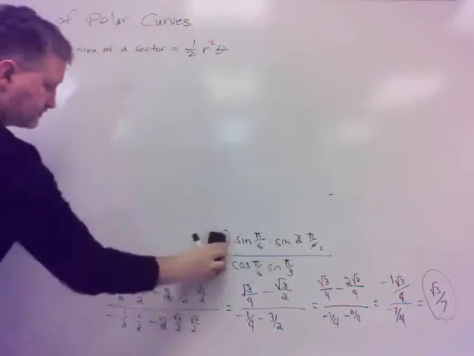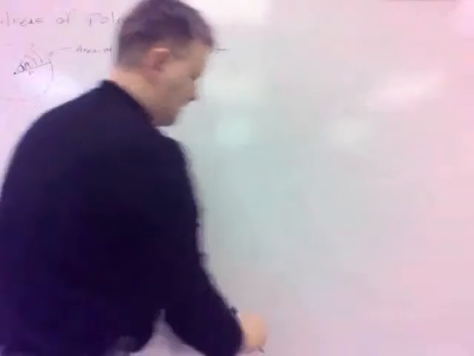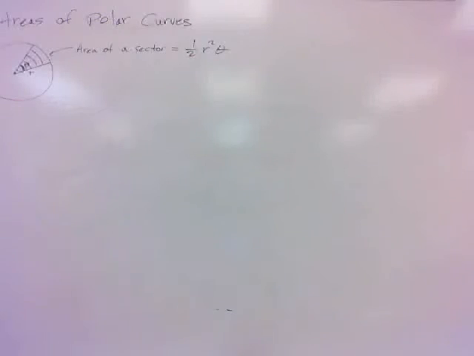Well, here's how that's useful to us. Let's say we have some weird little polar curve. Doesn't really matter what it looks like. Let's make it really wild. Okay, that's our polar curve, and we're going from A to B. Usually when you do angles, you go counterclockwise, right?